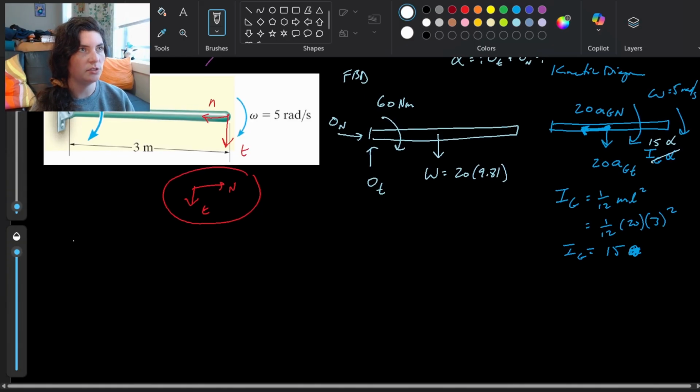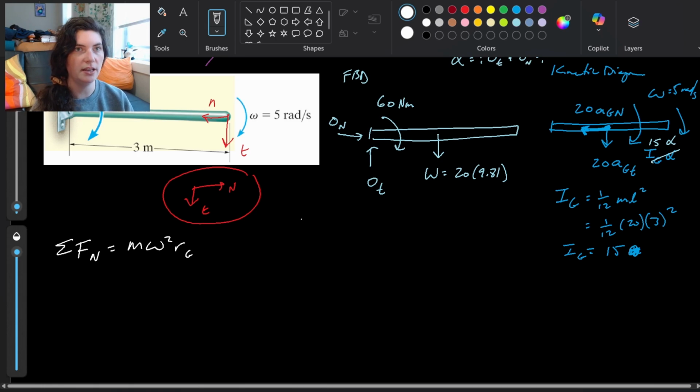Alright, so my equations of motion, we had sum of forces in the normal direction equals, again, you can write m a_G normal, or you can have m omega squared r_G. And if I plug in for that, I get the left side from my free body diagram.